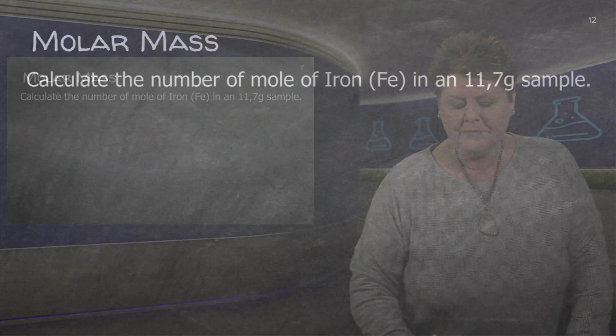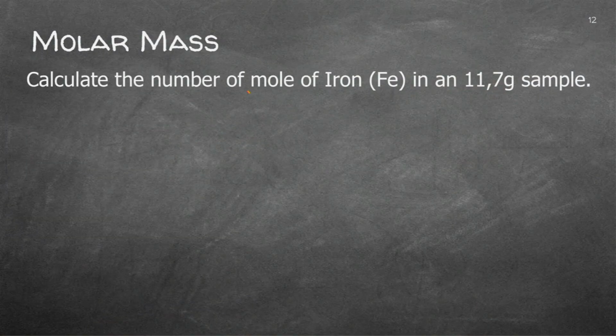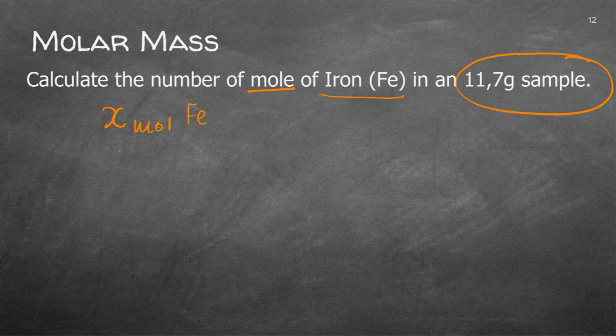Another question. Calculate the number of mole. So they're asking me to calculate the number of mole of iron, and they're giving me the sample weight, which is 11.7. So what do I know? I know the mass of 1 mole of iron.